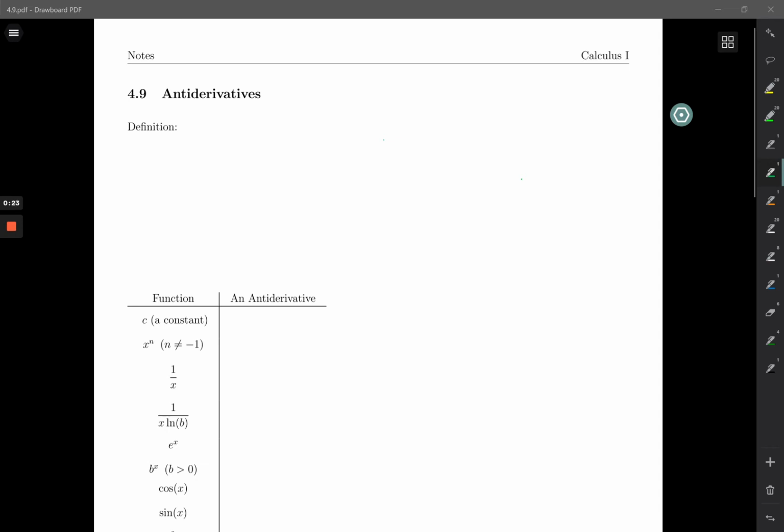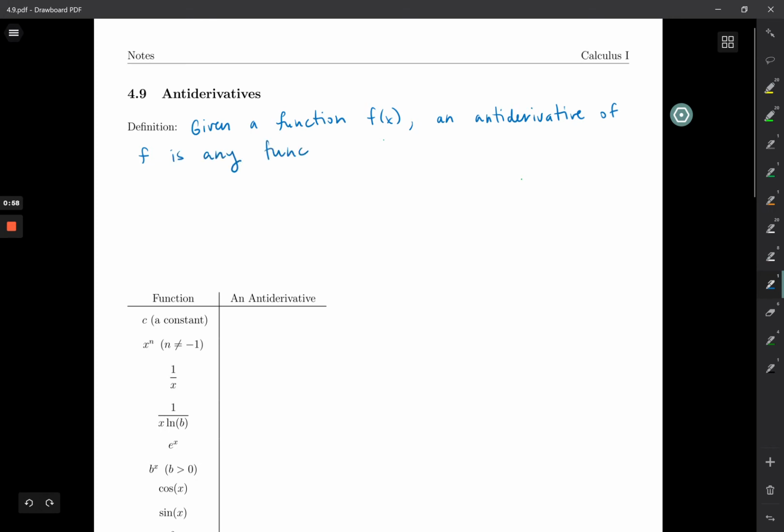So the definition is that if we're given a function f of x, an antiderivative of f of x is going to be any function, and we usually use capitals to denote antiderivatives just to differentiate them from the function that we started with.